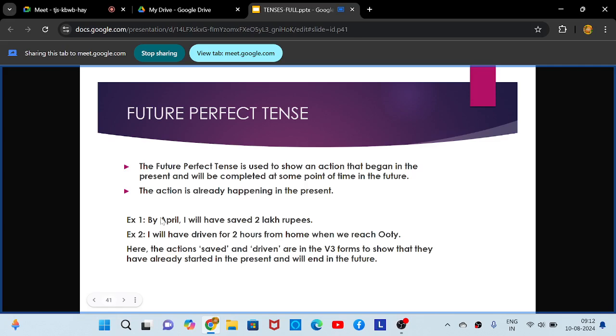So it means that the action started somewhere in the past, it is still continuing, and it will end only in the future. April is yet to come, right? Now we are in August, April is yet to come. We have to wait till 2025, right?